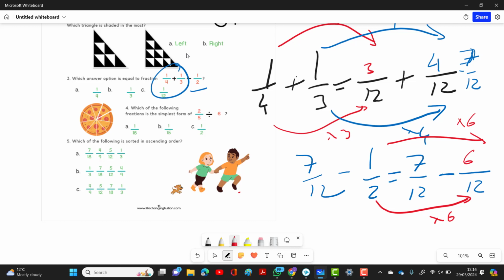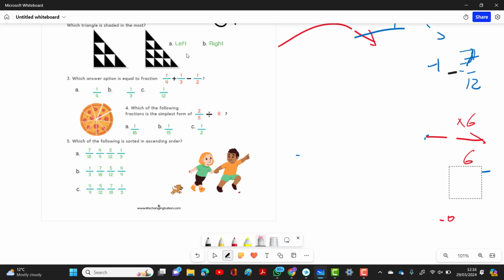So 7/12 minus 6/12 is 1/12. And that's also C, the answer, 1/12. Okay, so that's number 3.